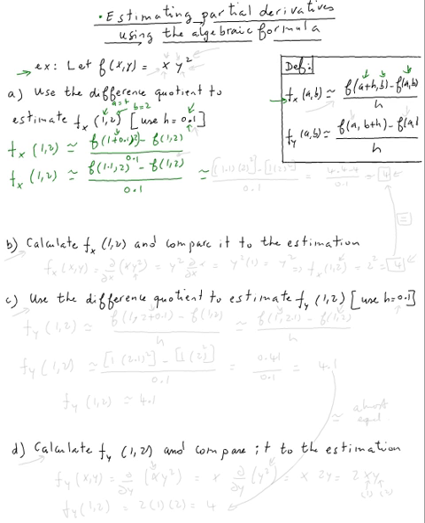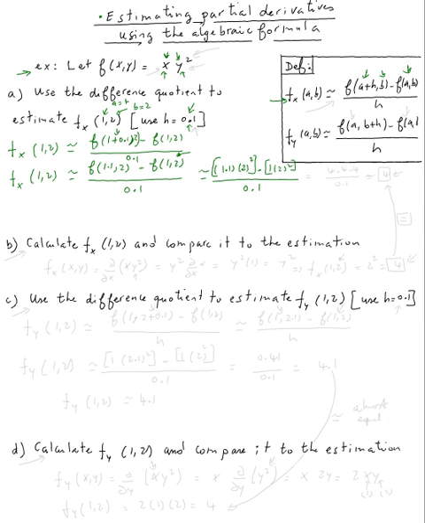Now I need to plug 1.1 into x and the 2 into y. So that would be 1.1 times 2 squared minus f of 1, 2, where I plug 1 into x, 2 into y, so 1 times 2 squared. Then all that over 0.1.